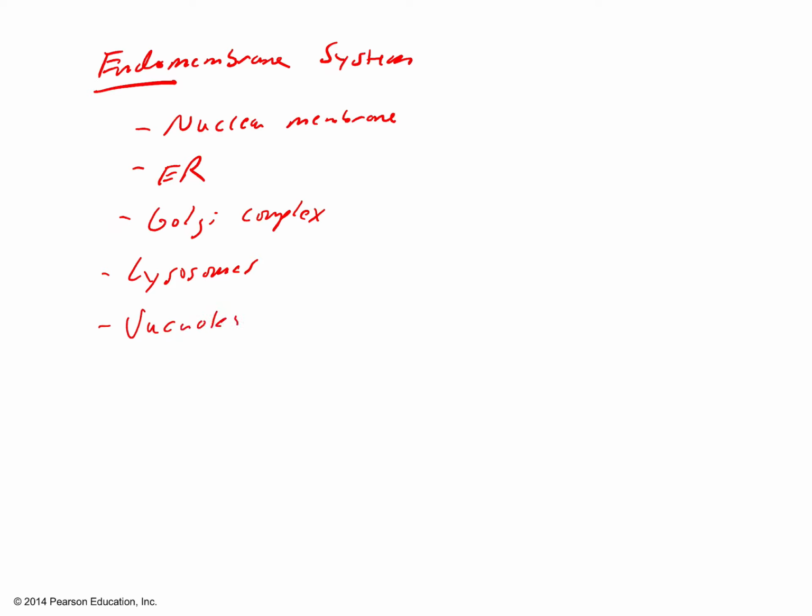Structures called vacuoles. We saw a central vacuole in a plant cell before. And then, depending on what author or authority you listen to, some people include the plasma membrane of the cell itself as part of this endomembrane system.